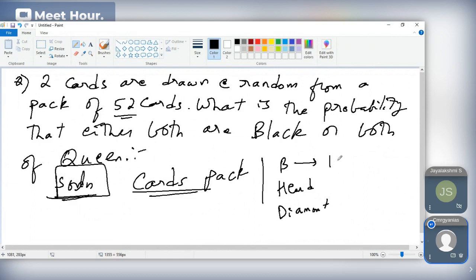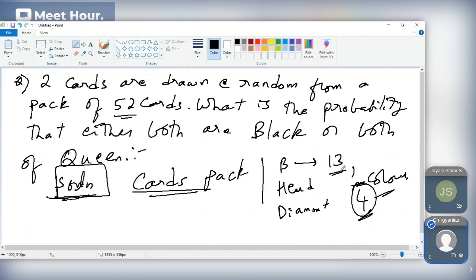So total there will be 13 cards of each symbol, 13, 13, 13, 13. And when I say queen, again four queens will be there, one in each suit. So keep this in mind and solve the answer.